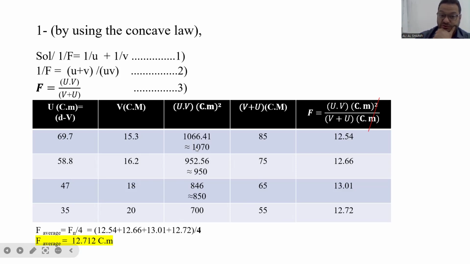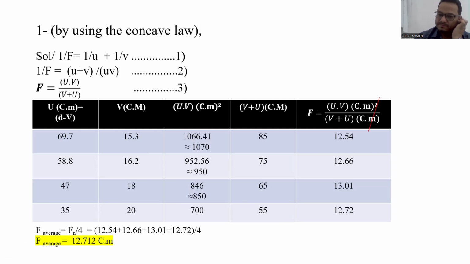It will be easier to plot them this way. The results using the focal length directly, all of these 4 results, are near each other. That means our results are acceptable.